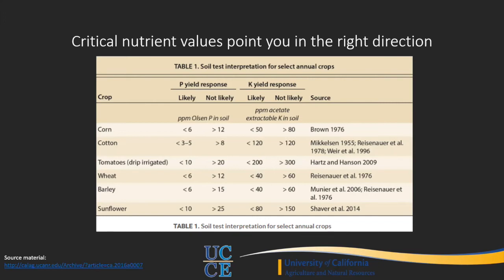You want to have your soil phosphorus somewhere in between those two values. Of course, then if Olsen phosphorus in corn soil is above 12 parts per million, it's less likely or not likely at all that adding phosphorus fertilizer to the soil is going to give you a fertilizer benefit to that corn.